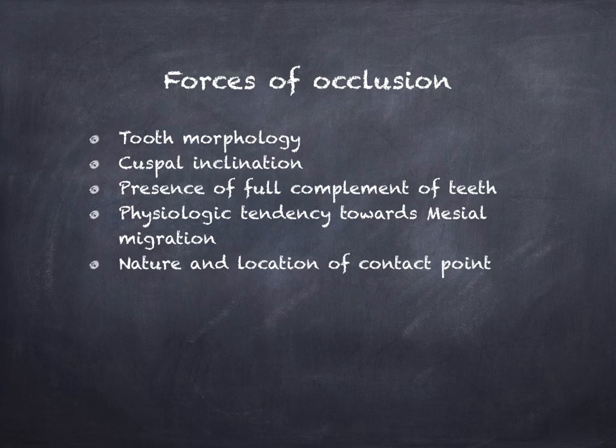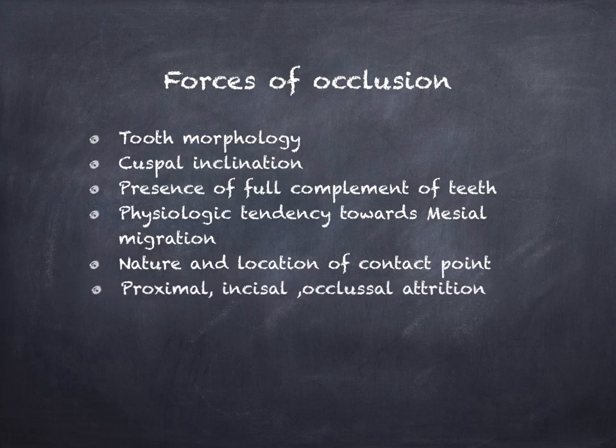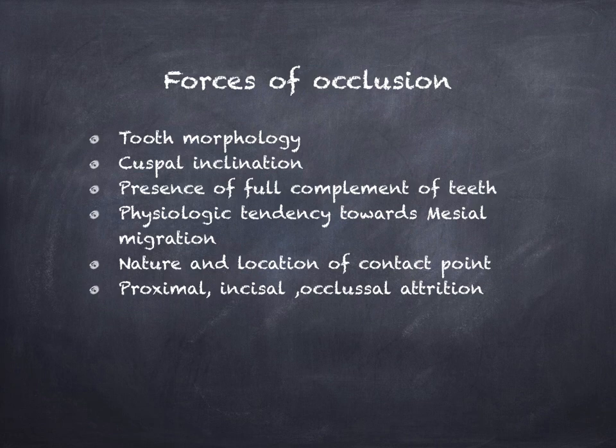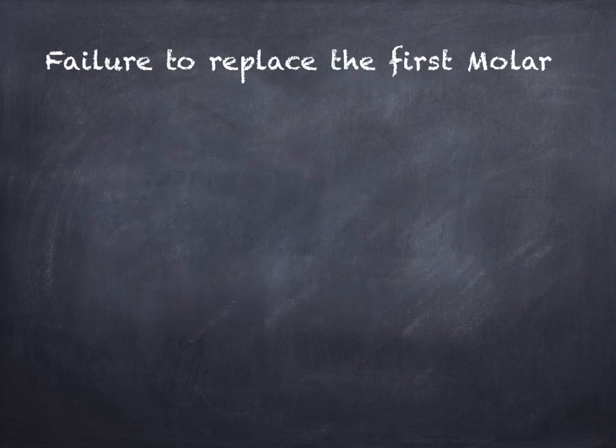Any destruction of the contacts due to caries, attrition, faulty restorations, etc., can again lead to disturbance in the balanced occlusal forces. Proximal and incisal occlusal attrition, and finally axial inclination of the teeth are the various factors that influence the forces of occlusion.